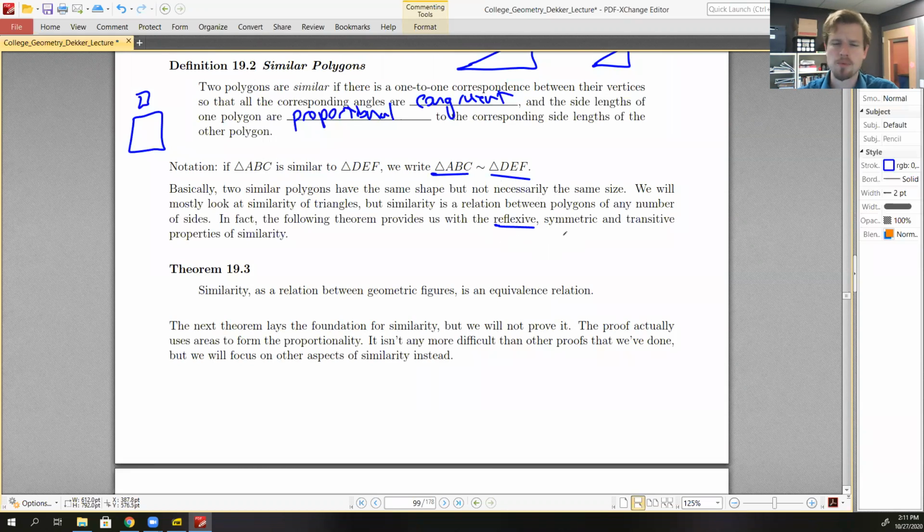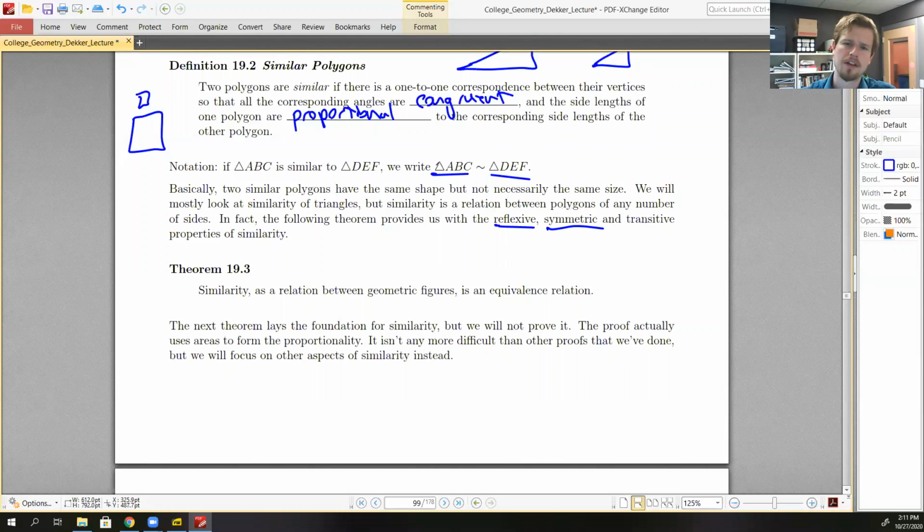And it doesn't matter which way I say something is similar. Triangle ABC is similar to DEF, but of course we would say that triangle DEF is similar to triangle ABC. So we have symmetry of similarity.